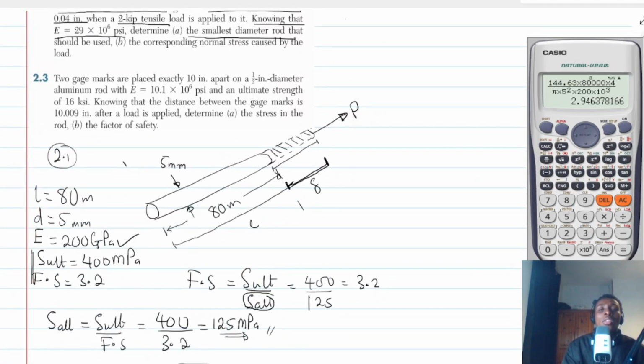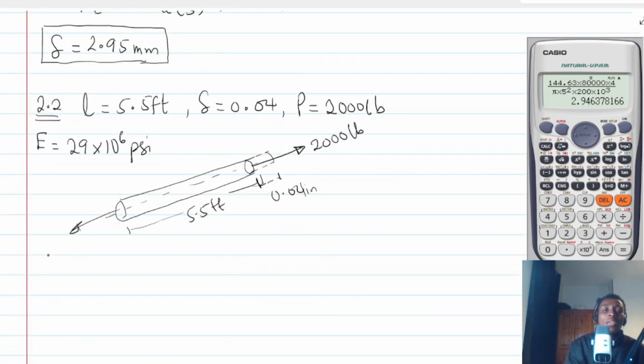So we should find the smallest diameter. The diameter is inside the area, isn't it? So how can we get the area? Let's try and find a relationship between all of this.